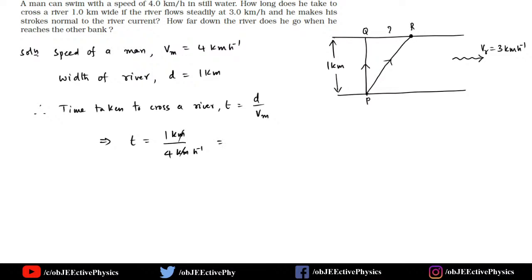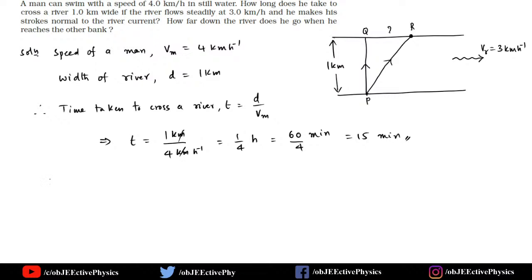Kilometer cancels, hour goes to the numerator, 1 by 4 hour. 1 hour is equal to 60 minutes, so 60 by 4 is 15 minutes. So the man takes 15 minutes to cross the river.